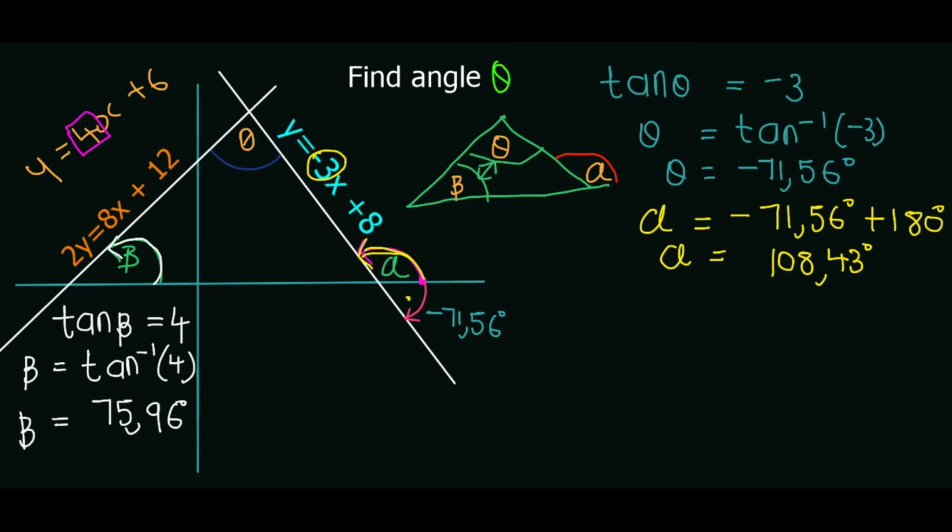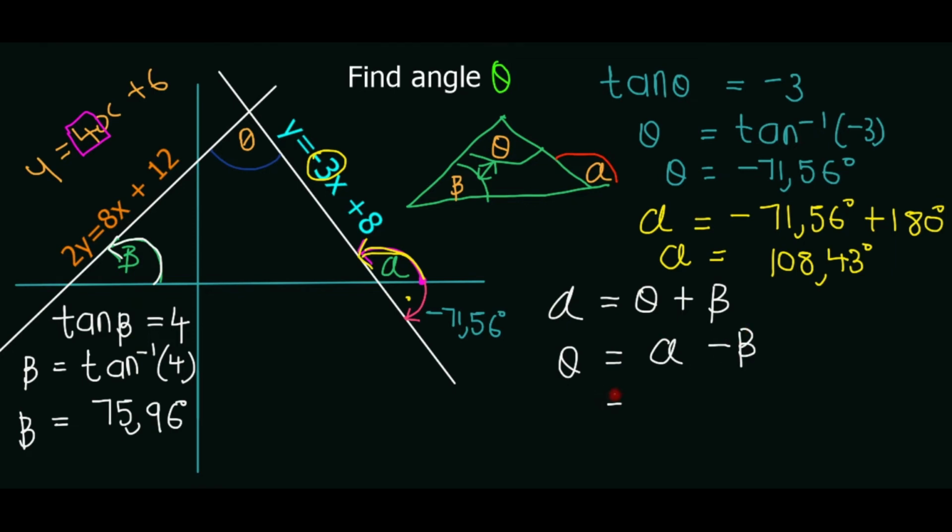So we can say angle alpha equals angle theta plus angle beta, reason: the exterior angle equals the sum of the opposite interior angles of a triangle. So theta is equal to alpha minus beta.